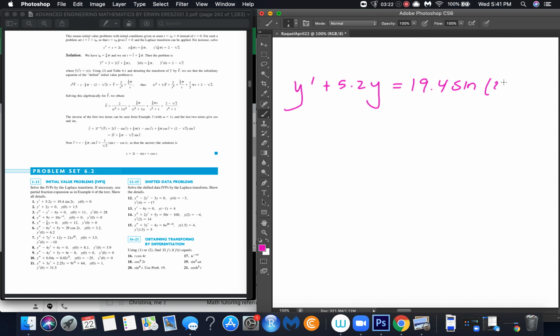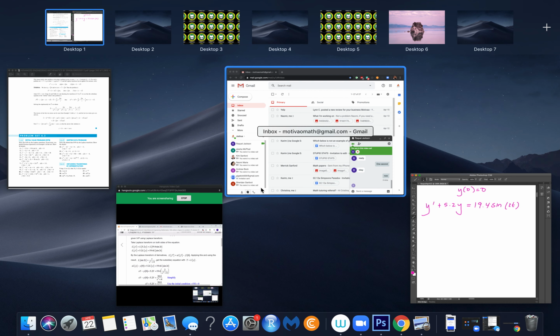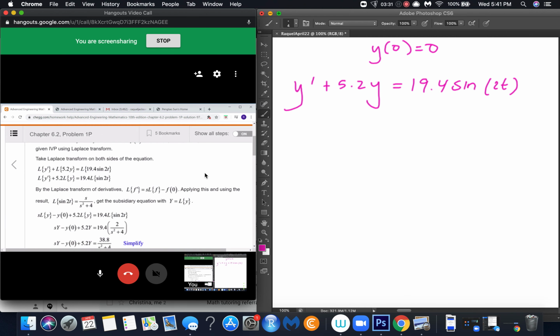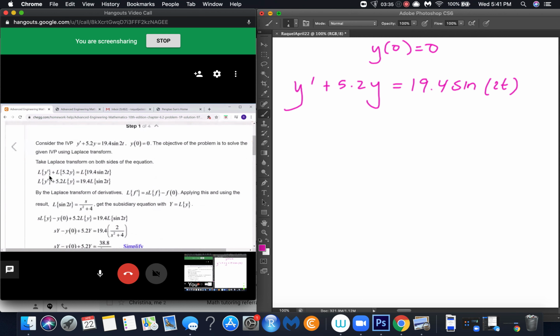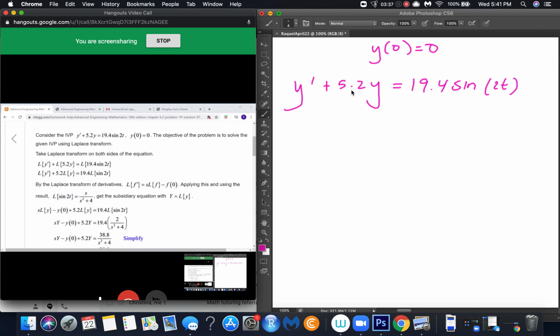Okay, so number 1, it says y(0) equals 0. First you need to know that the Laplace transform is linear, which means that the Laplace transform of a sum is the sum of the separate transforms.